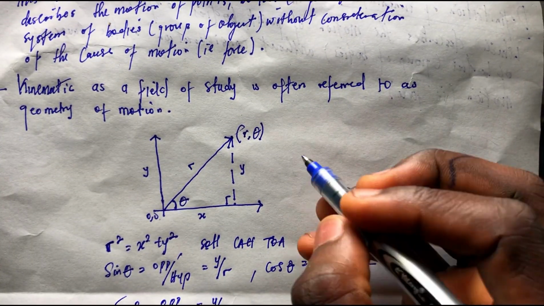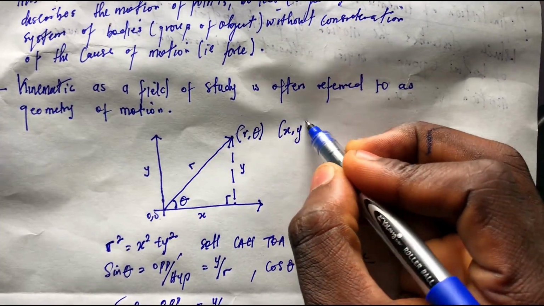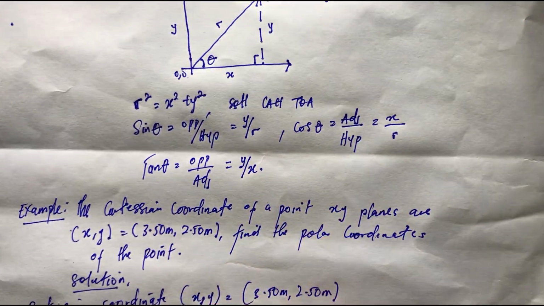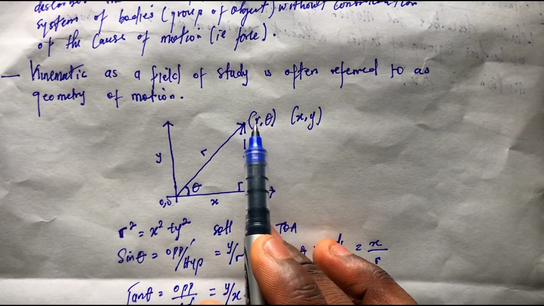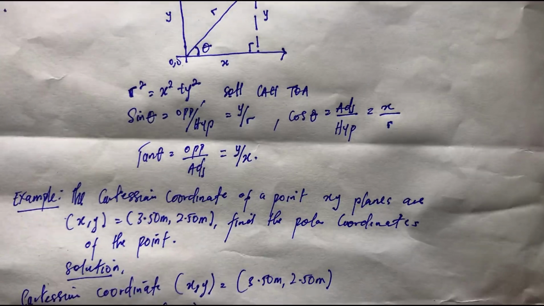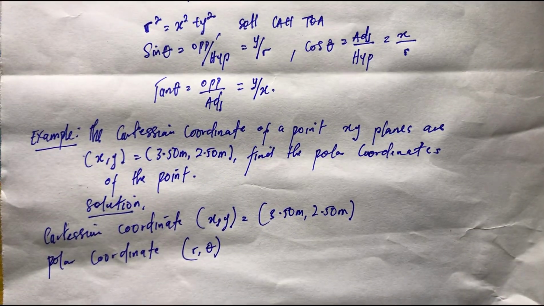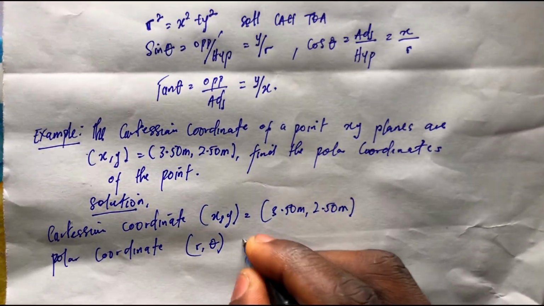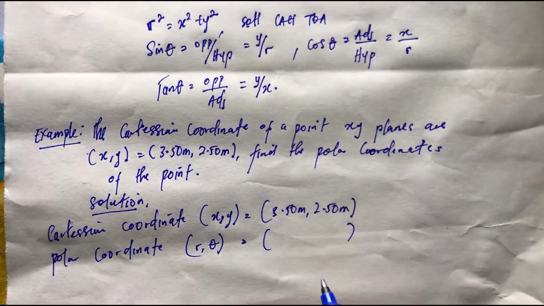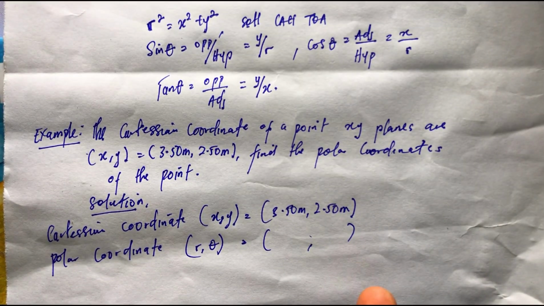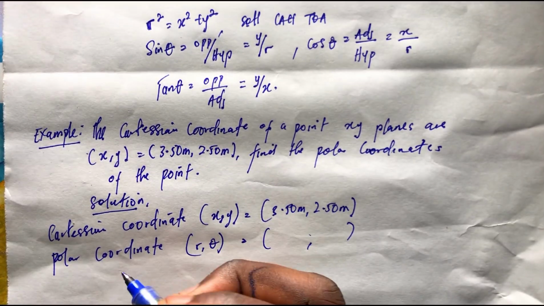But assuming it's Cartesian coordinate, it's going to be x and y in this pattern. Here, they want us to convert this x and y to polar coordinate. So let's see how we can go about it. Next we have to find r and theta. We don't know the answer yet, but we can solve it.